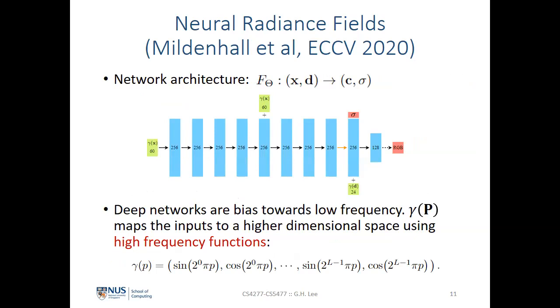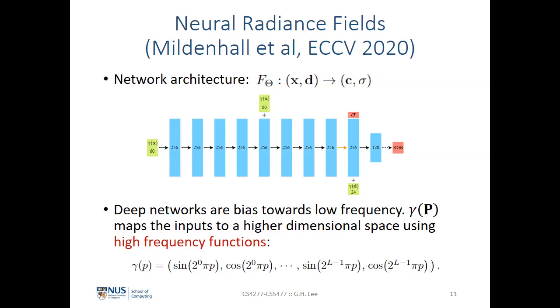And what's interesting here is that you would take in X and then D. And we know that X is the 3D point. But as I mentioned, sigma, which is the volume density, is independent of the ray direction. Only the color is dependent on the ray direction.